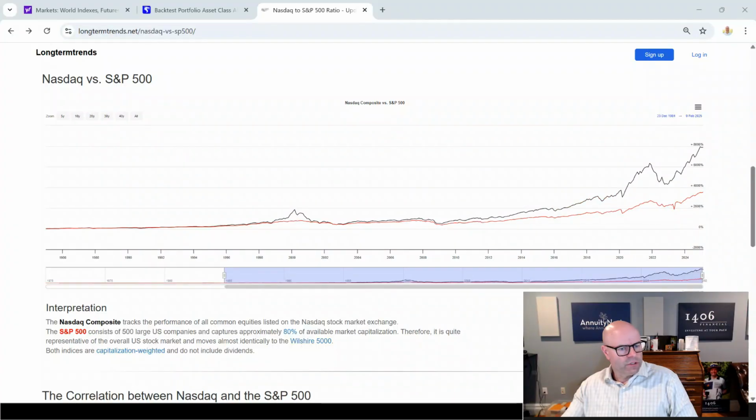You can see it right there. So I need to toggle just a little bit forward. Too far. January of 85 through now, the NASDAQ has trounced the S&P.